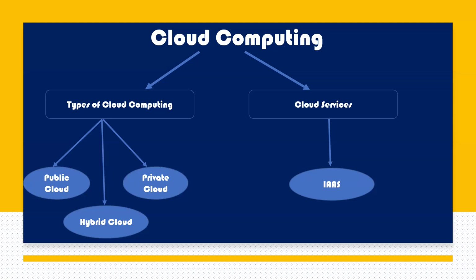You are going to purchase one cloud environment, but in that environment, the virtual machine creation and the software installation, whatever software you are going to develop, everything you have to take care of.